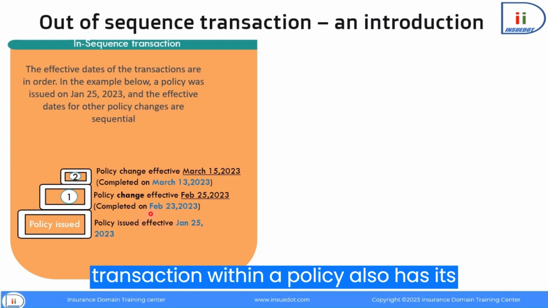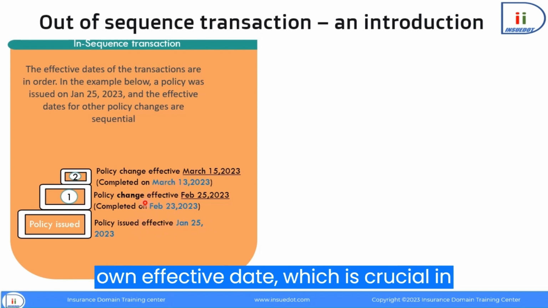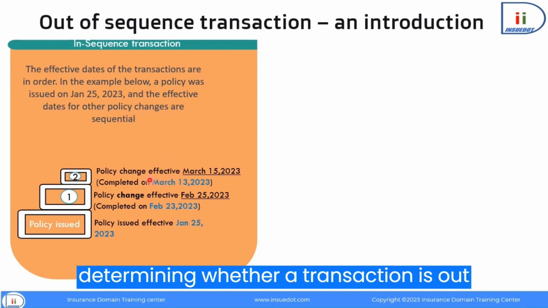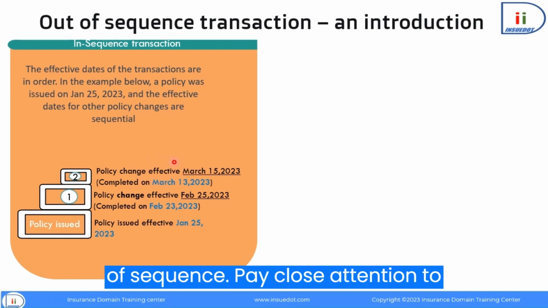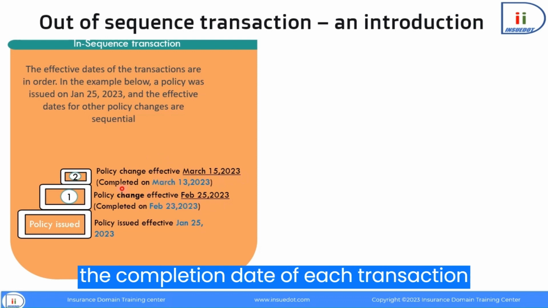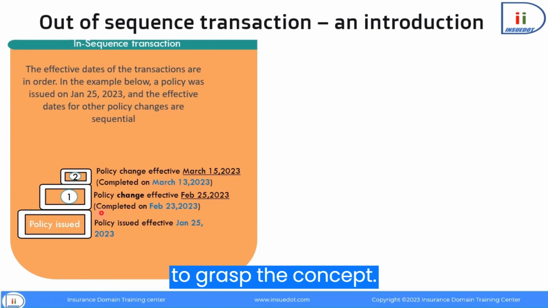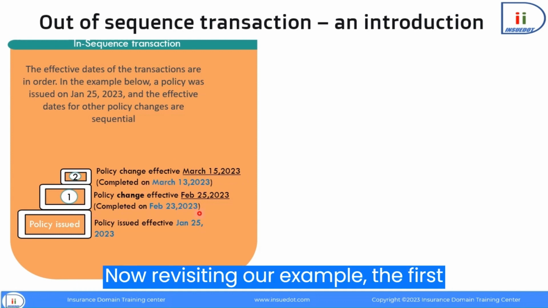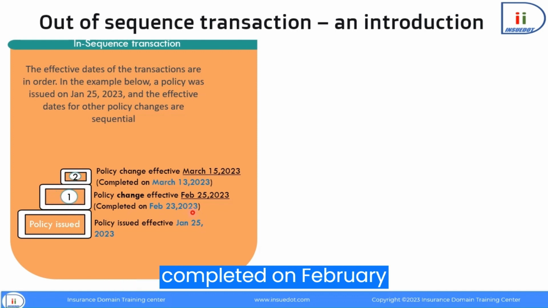Each transaction within a policy also has its own effective date, which is crucial in determining whether a transaction is out of sequence. Pay close attention to these effective dates in comparison with the completion date of each transaction to grasp the concept.